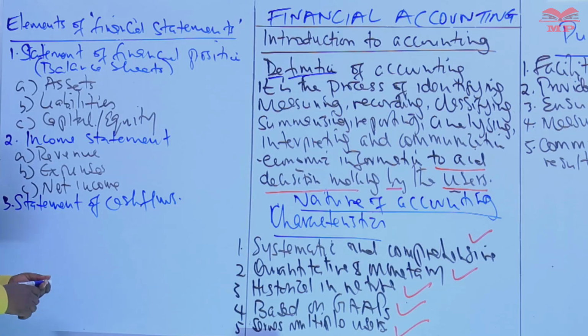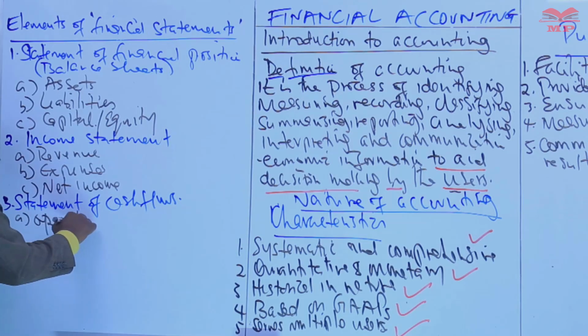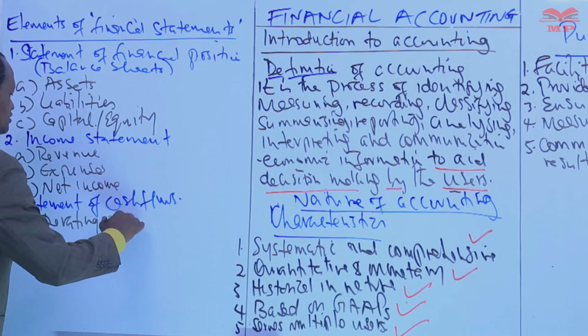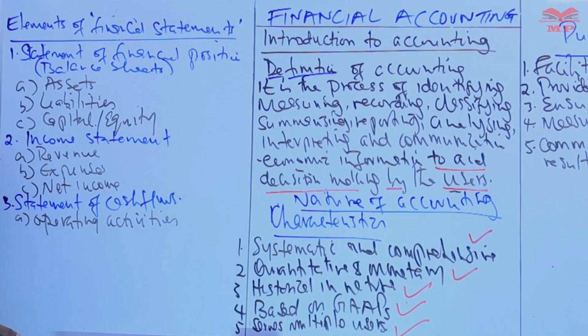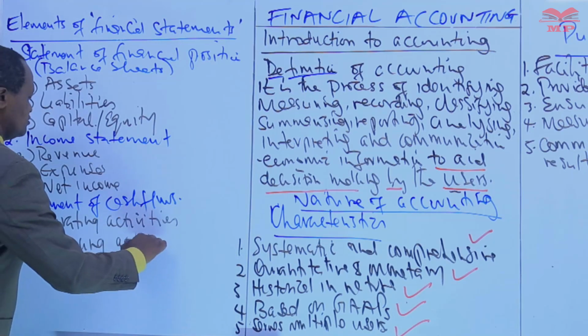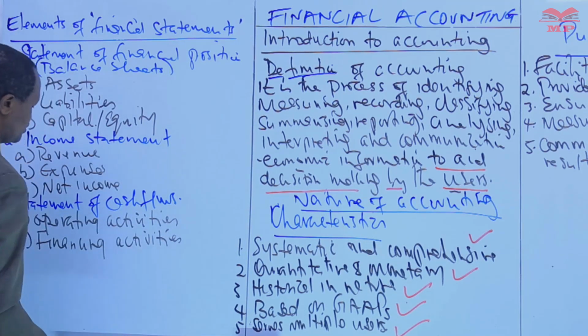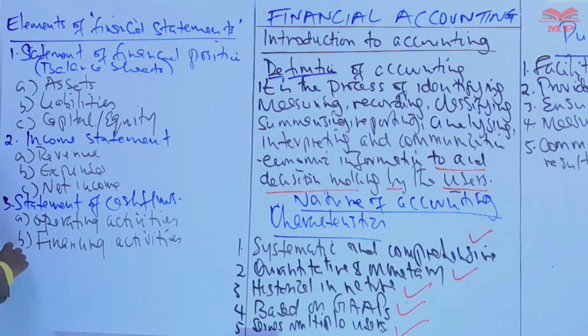The first element is the operating activities. Cash flows from operating activities. We have cash flows from financing activities, and this could be cash inflows or cash outflows. The third element of a statement of cash flows is the investing activities.